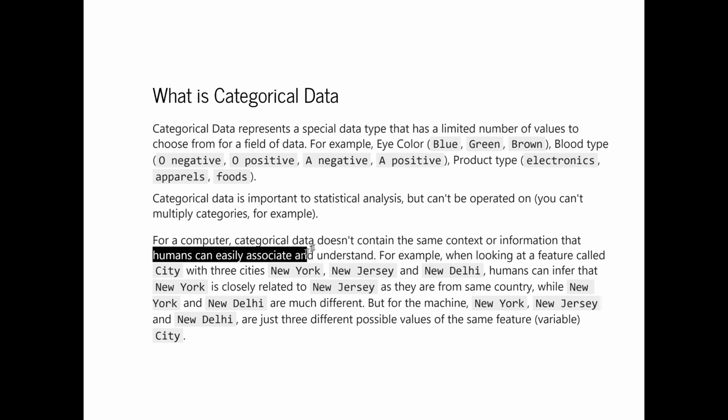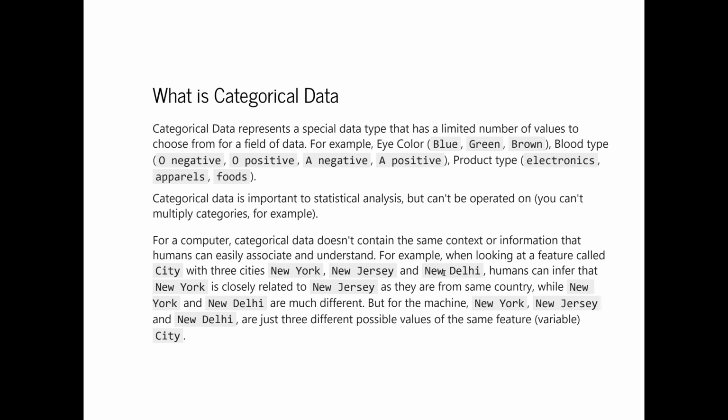Humans can often immediately recognize associations and relationships among different categories that are invisible or indistinguishable for the computer or the algorithm. For example, if we had a city column in our data and values in here included New York, New Jersey, New Delhi, we would know that New York and New Jersey are geographically near each other and in the same country and probably quite similar to one another in various ways.